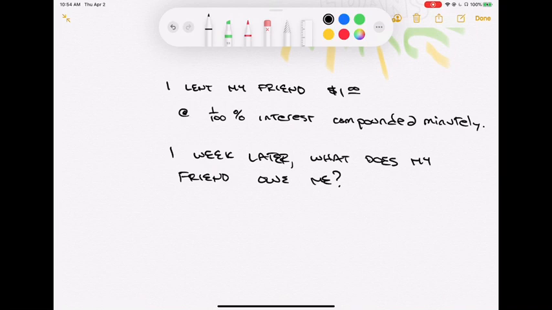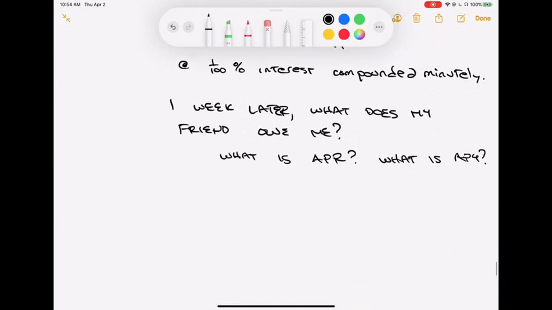Some other questions that we might ask is, what is the annual percent rate, right? What is the annual percent yield? Those are the figures that I would normally be interested in if I was going to be a true bank, something along those lines. So I just want you to take a minute and think about this.